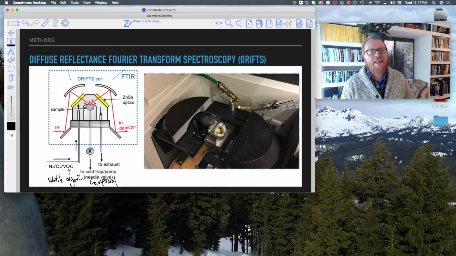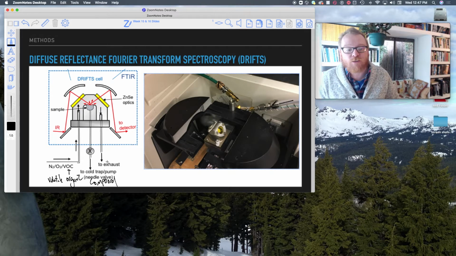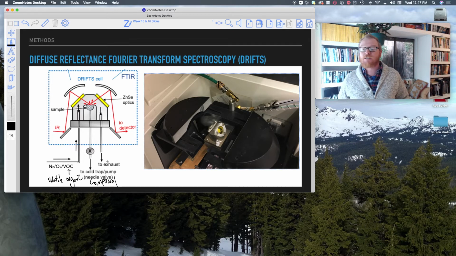So while gases are flowing over the surface, we have in situ and real-time determination of the spectra of the surface. And this actually allows us to determine K adsorption and K desorption for these small organic molecules flowing over the surface. So if they stick to the surface, we will see them in a spectra.